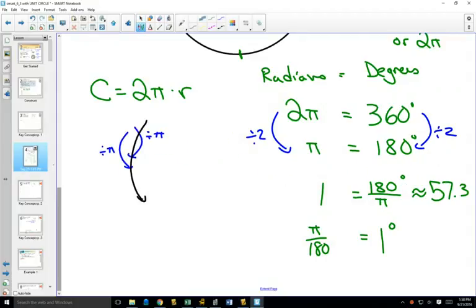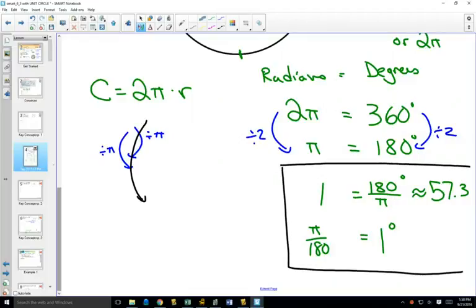Now these last two, some people really like these last two and like to memorize them and use them, okay? Because one of the things you're asked often in this course as a straightforward question is to change 20 degrees to radians, or change 3 radians to degrees.